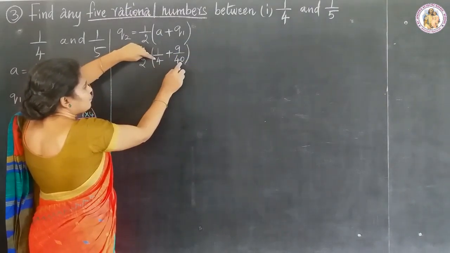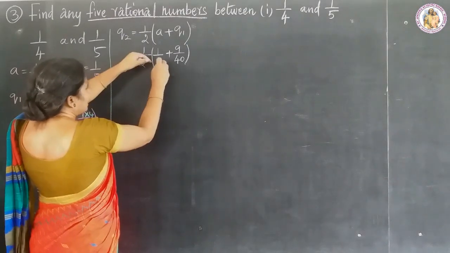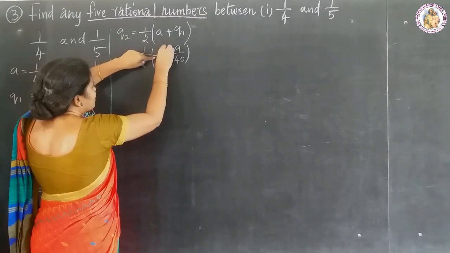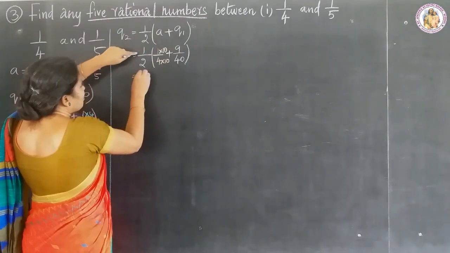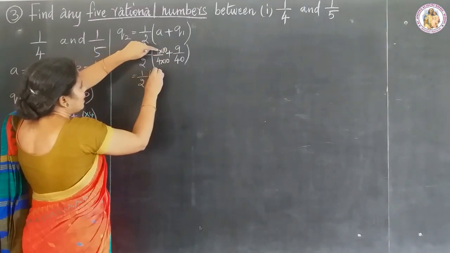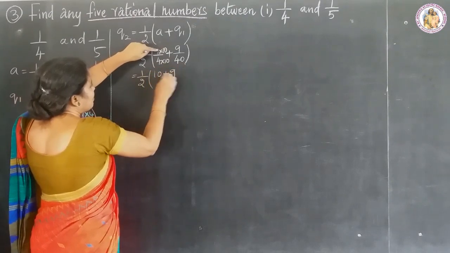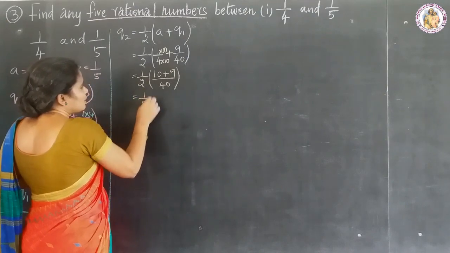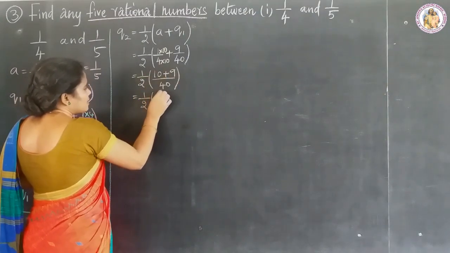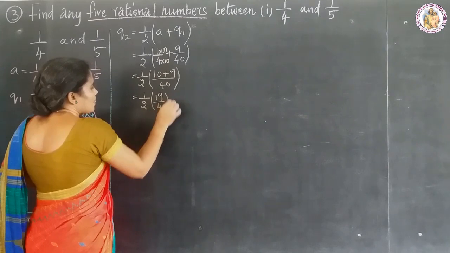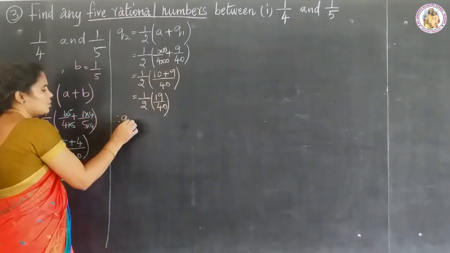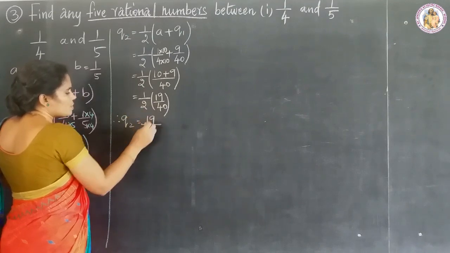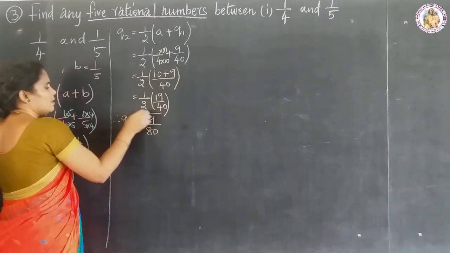Here, to make it 40, just what you have to do is multiply with 10. 10 fours are 40. So both to the numerator as well as the denominator. So 1 by 2 into 10 ones are 10 plus 9 by 40 is equal to 1 by 2 into 10 plus 9, 19 by 40. Therefore Q2 is equal to 19 ones are 19, by 2 fours are 8 and 0.